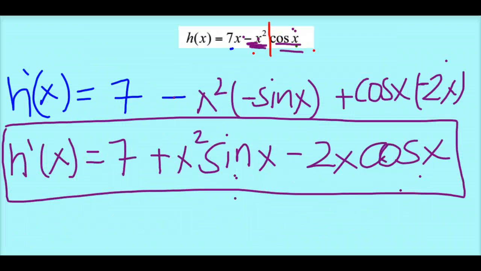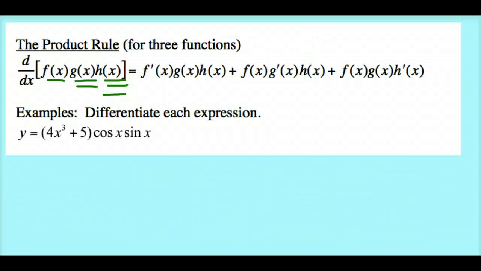Well, since I have three, I'm going to expand it out a little bit and say the first derivative times g times h, and then I'm going to do the second function's derivative, g prime of x, times just f of x and h of x. And finally, I'm going to take the derivative of h of x and multiply it just by the regular f and g functions. So let's separate this following example into our three functions.